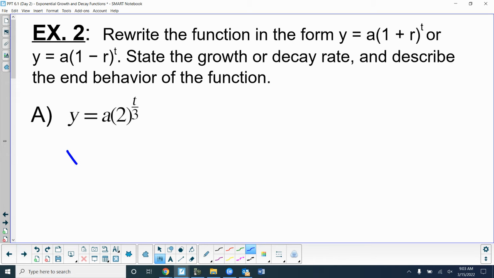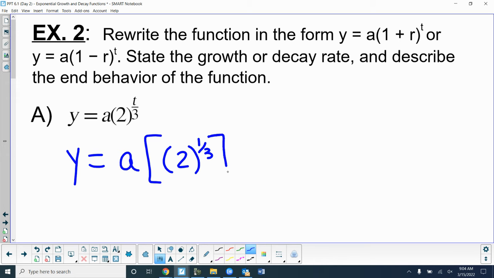It's like number 26 on our homework. We want to rewrite this as 2 to the 1/3 to the t. So I want to change that 2 to the 1/3 to whatever that is, so I can tell what's going on.